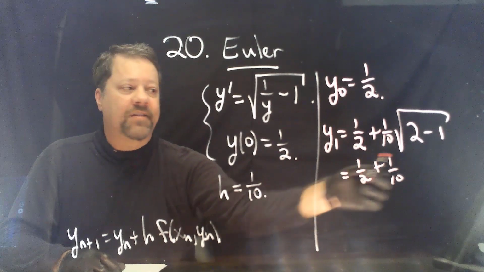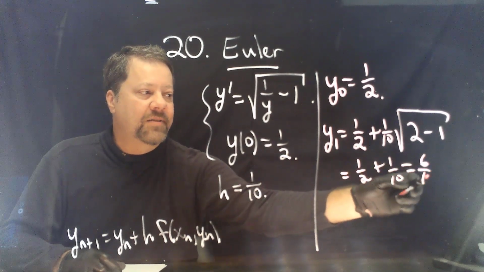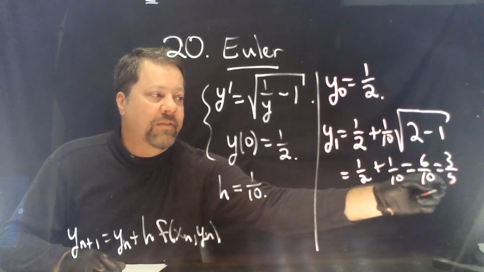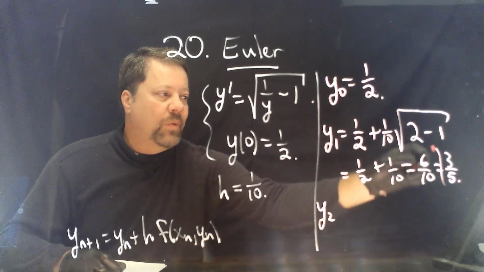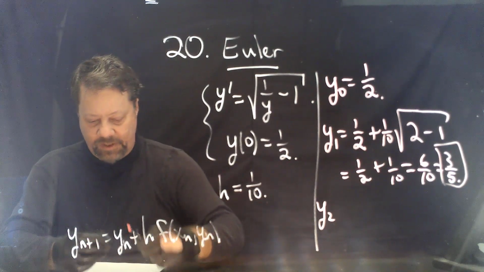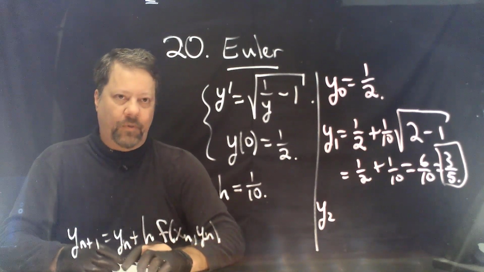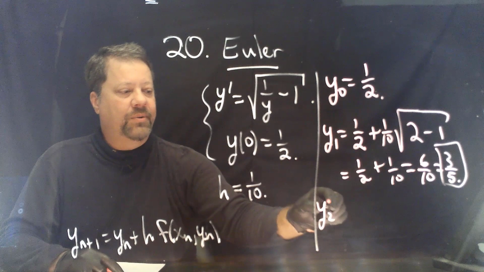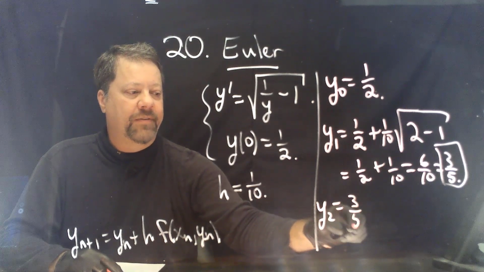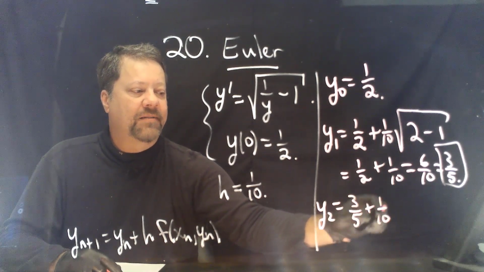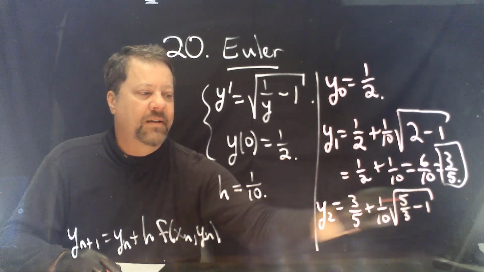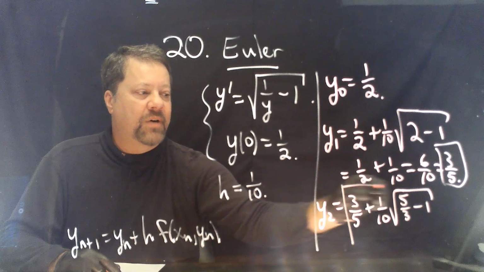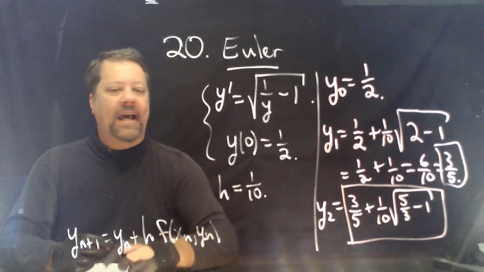This is 5/10 plus 1/10 is 6/10, or 3/5. So that's one of our answers. I want 2 iterations of Euler's method. So y2 will be 3/5 plus 1/10 square root 5/3 minus 1, and I'll permit you to drop the computation at this point here.